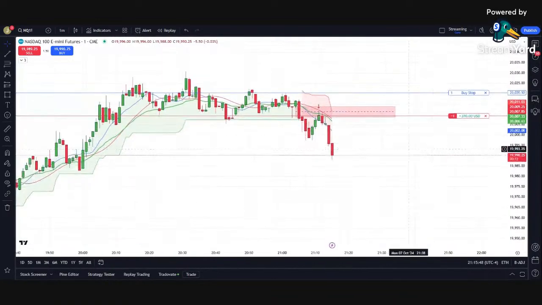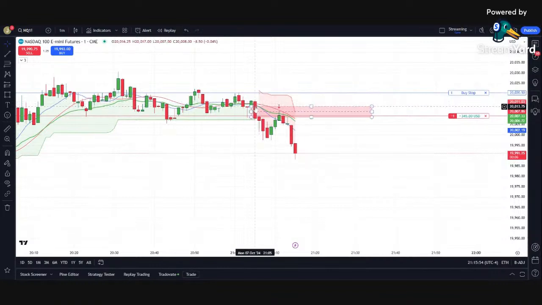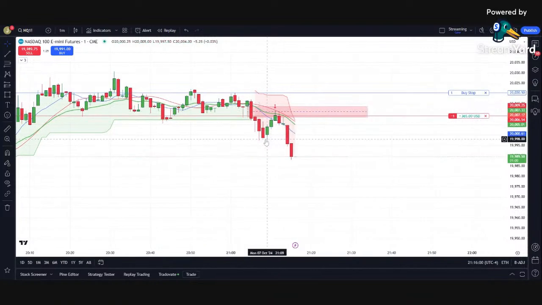Based on my strategy, my displacement is where, like this candle, if you go to 2 minutes, this group of candles here is a displacement. It's not only one candle. Sometimes it's one candle, sometimes a group of candles.